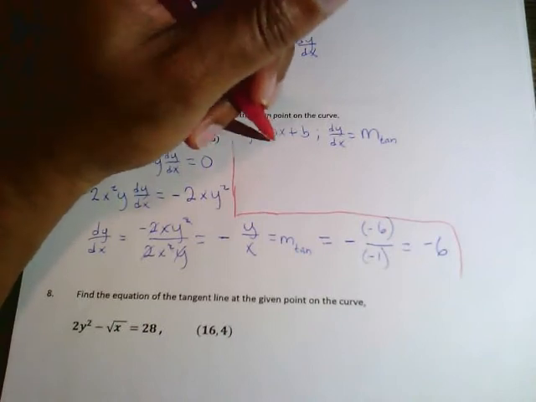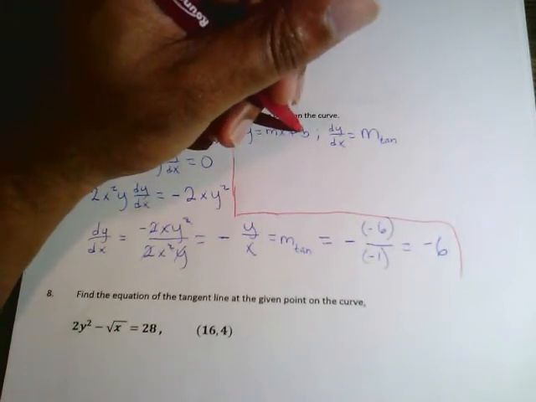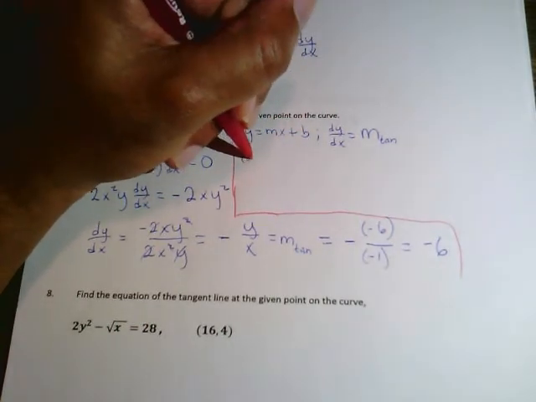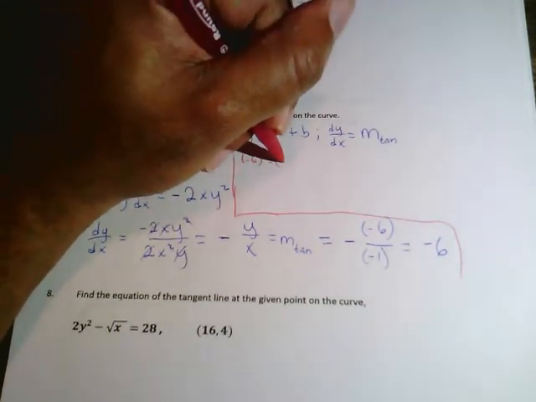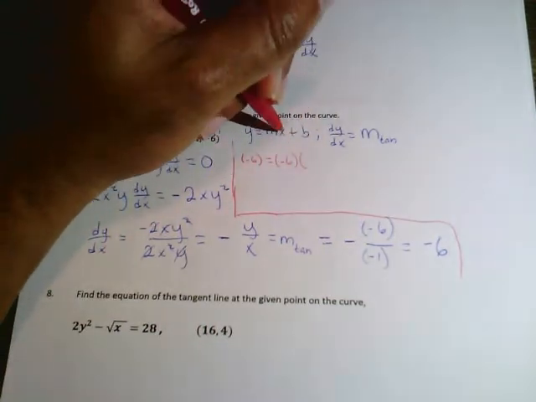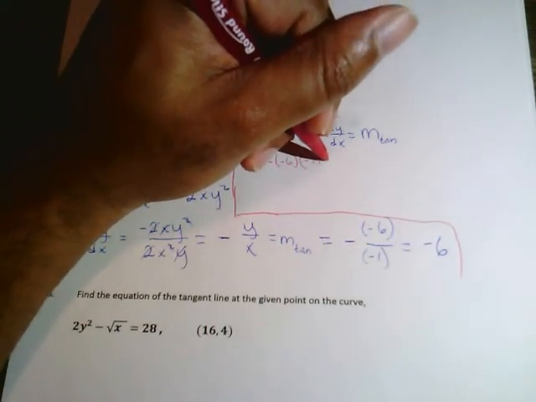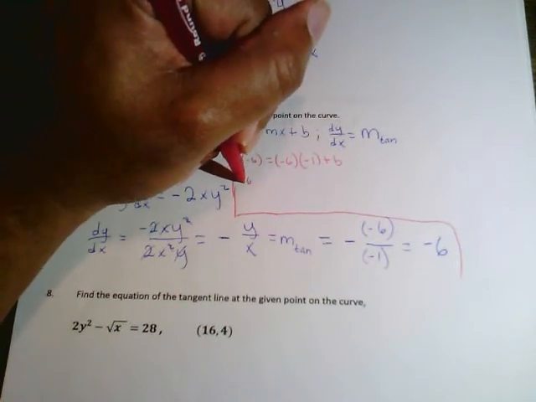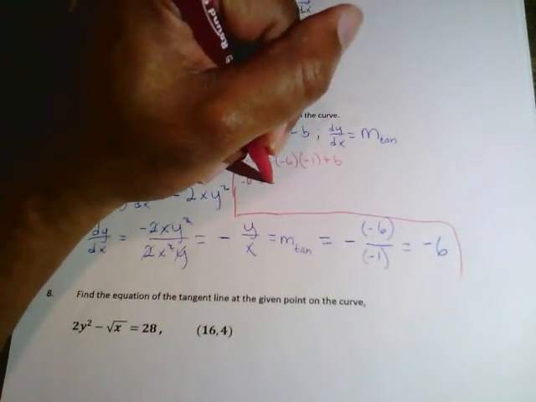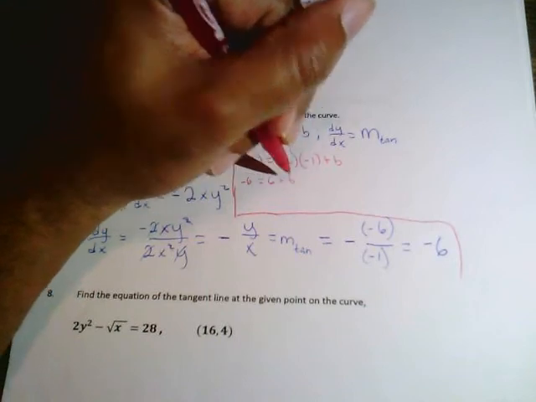So now y equals mx plus b, we want to find the y-intercept. So y is negative 6 equals the slope, which is negative 6, times x, which is negative 1, plus b. So that means negative 6 equals 6 plus b.